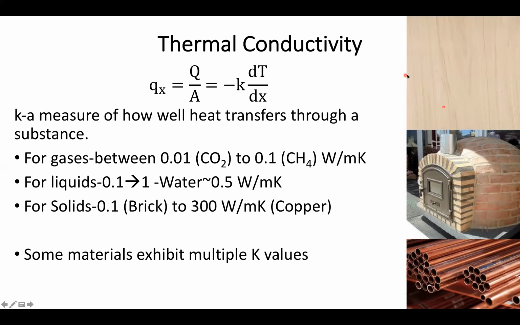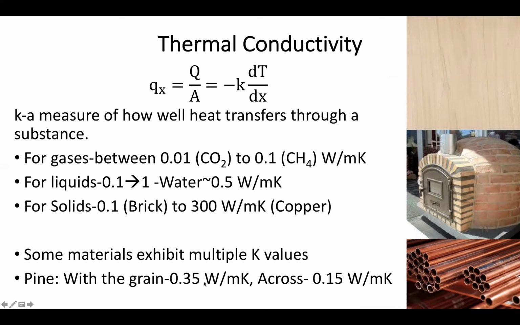Conversely, if I'm trying to cross the grain, I run into barriers of water and air as I have to go in between the wood fibers. For example, if we look at pine, the heat transfer coefficient is over twice as large going with the grain as across.